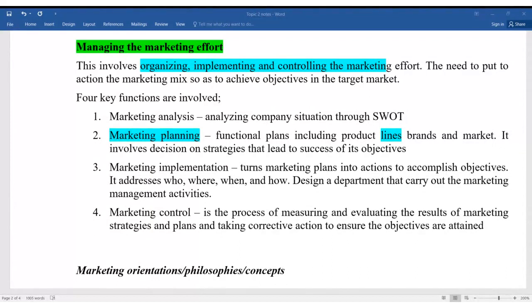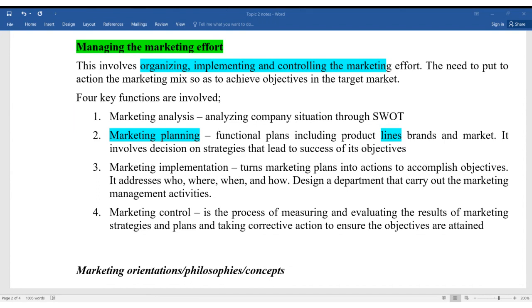Then again, another important decision that a company can make is deciding which market to enter. A market defines the customers that the business is serving. So you can say that you're going to serve Nairobi as a market. You're going to serve Mombasa.